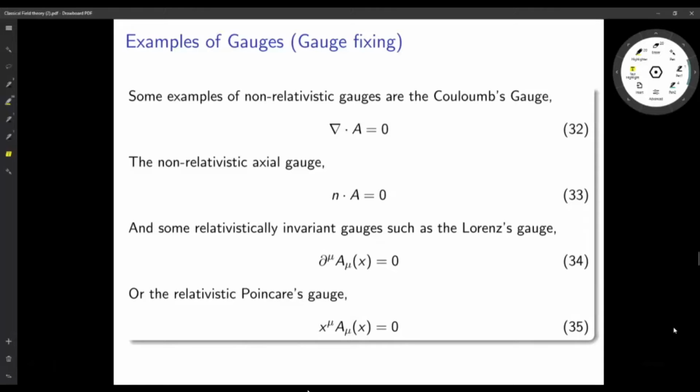Again, I'm not saying that you need to learn this. I'm just leaving this here to give some intuition of examples of valid gauges that are present in nature. So then I think I'll hand this over.